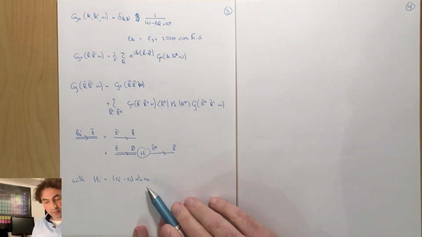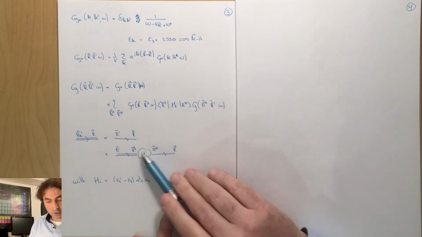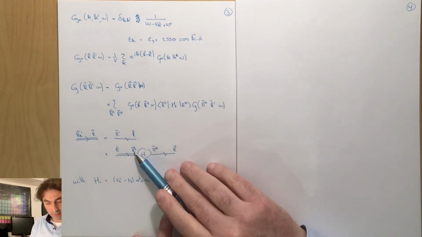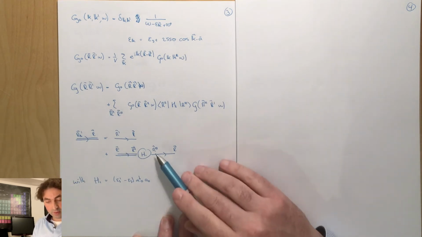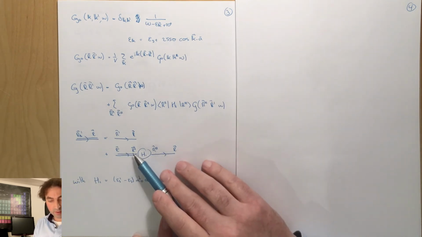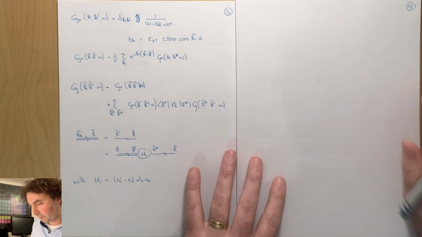Now the fact that our impurity only acts on a single site makes this sum over all intermediate states R'' and R''' of course much easier, because you only have an interaction here when both R'' and R''' are equal to 0.